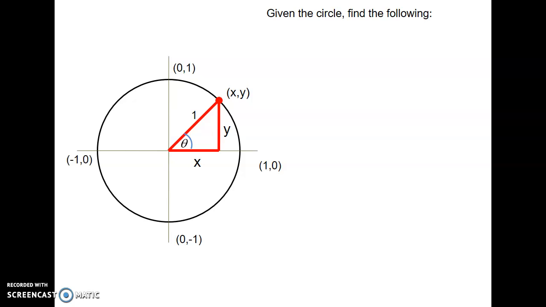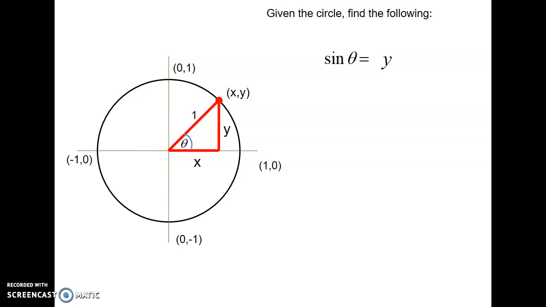If you did the sine of theta, it would be the opposite over the hypotenuse. Well, the opposite is y, and the hypotenuse is 1. So the sine would just be y over 1, which would just be y. So if you're looking at the sine of an angle on the unit circle, and it has a point on it, the y value of the point is going to be the sine function.